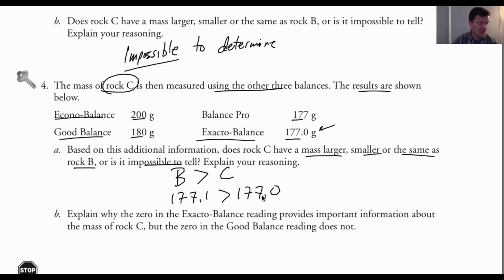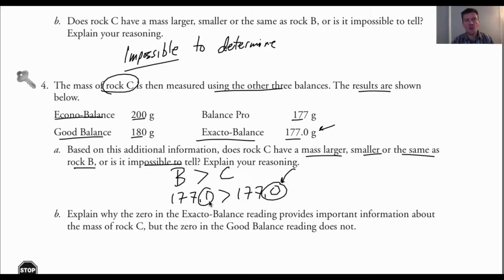Now keep in mind that this last digit, the 0.1 here and the 0.0, those are your estimates. Your instrument is estimating that final digit as well. Sometimes when you use a balance, that last digit will fluctuate. You'll see it switching back and forth until it settles on 1, because it is getting that last digit as an estimation.